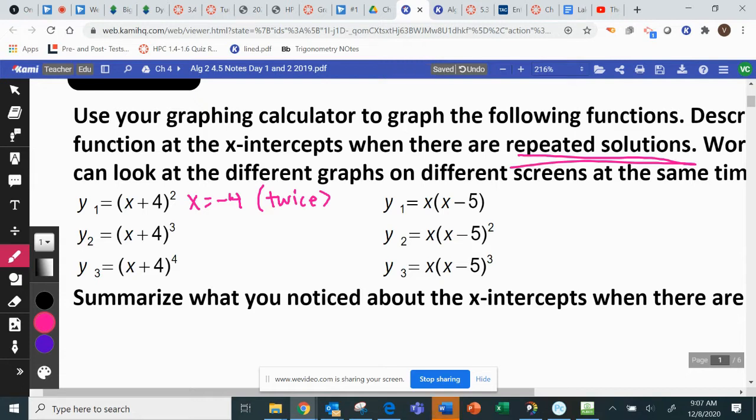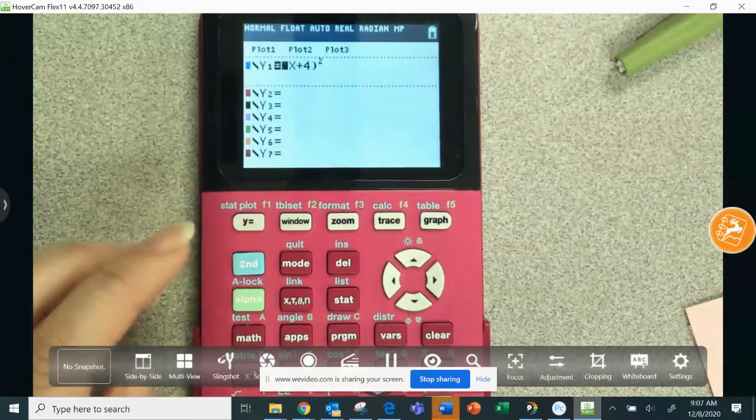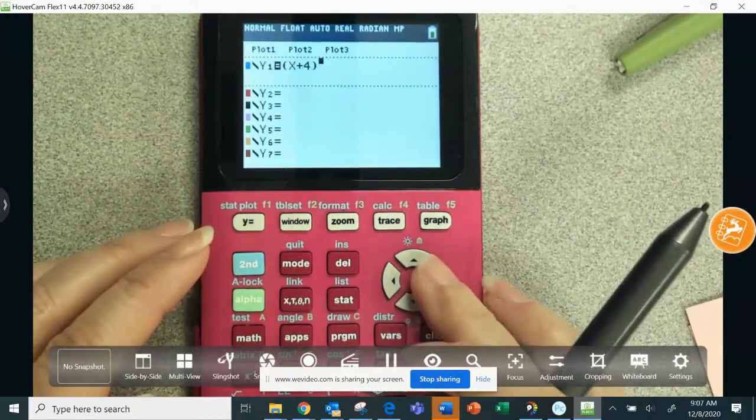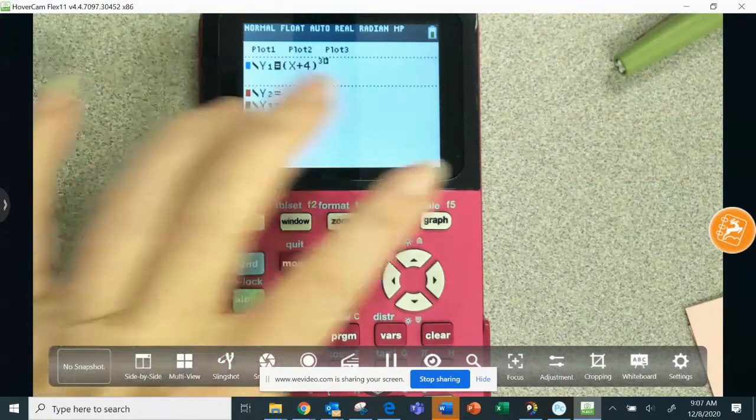So we're going to go back to this graph and go back to y equals. And now we're going to change our exponent to a 3. So this tells us we should still have an x-intercept at -4. We should have 3 of them, but they're all the same. So let's see how that changes our graph.